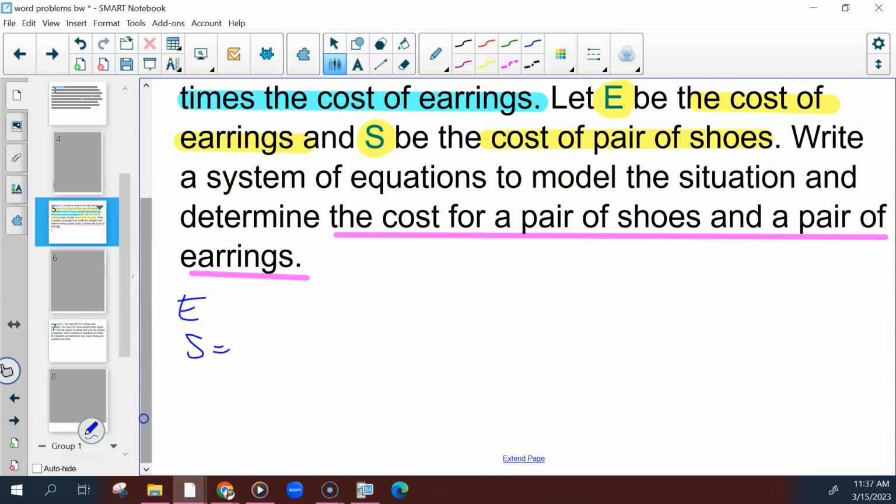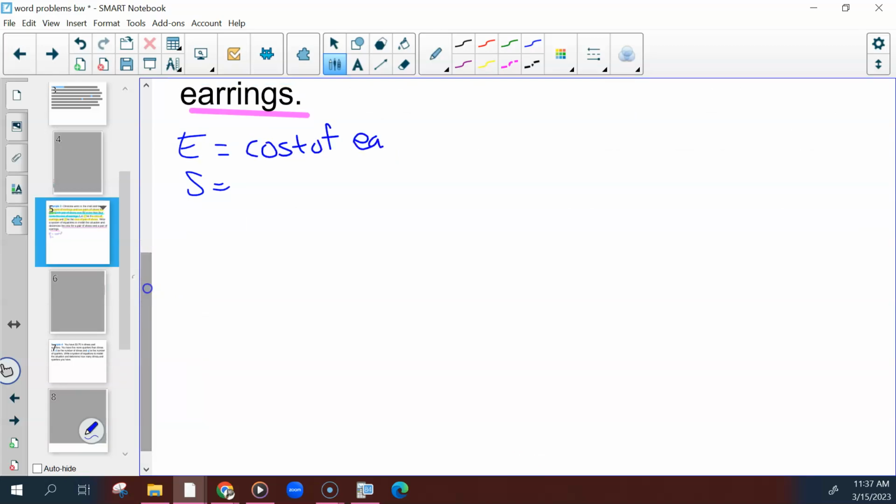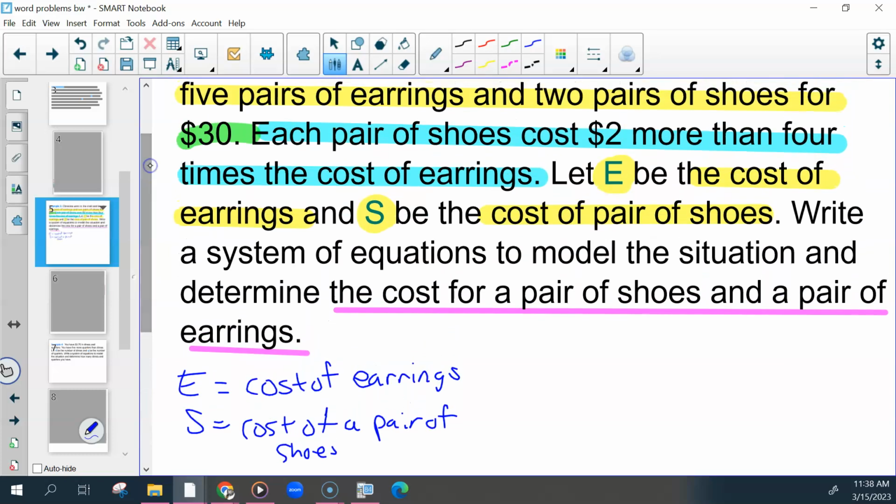So E and S are the cost of both of these things. Anytime we define our variable, we need to be specific. Cost of, number of, those type of things. And of what? We know 30 is going to be one of our goals.